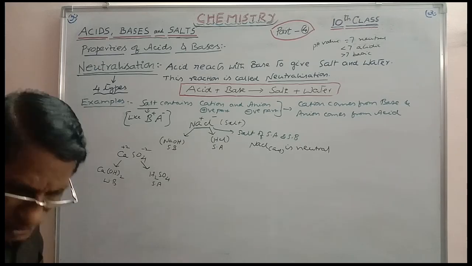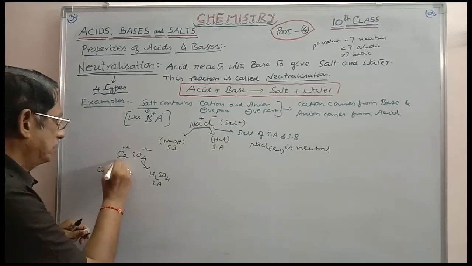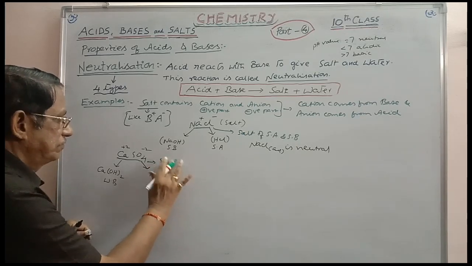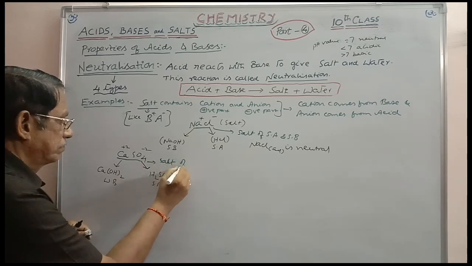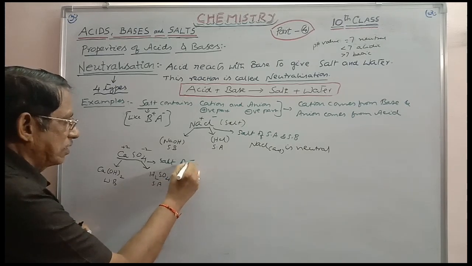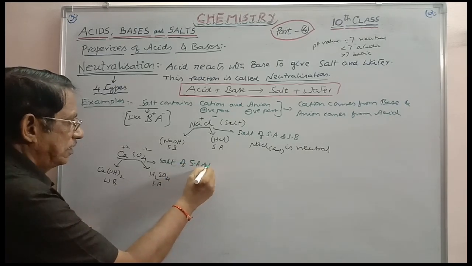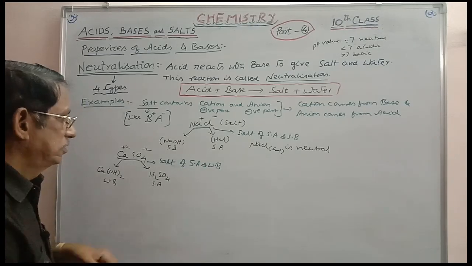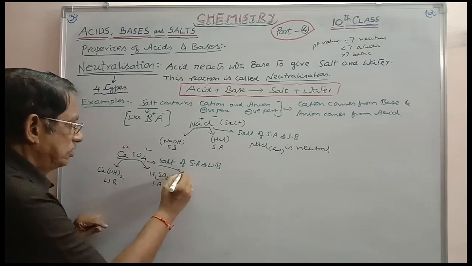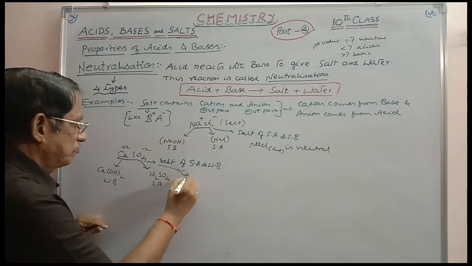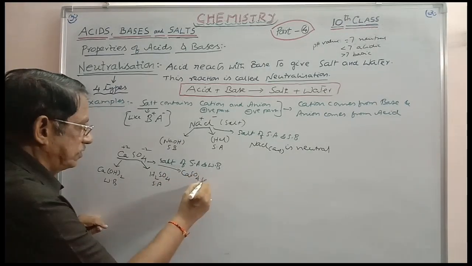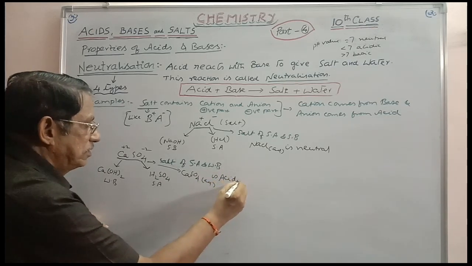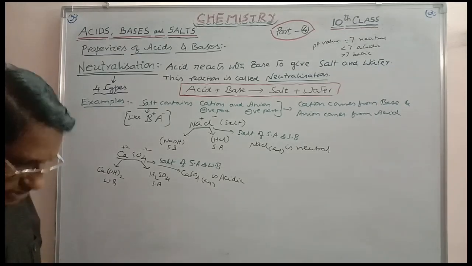So this is a salt of strong acid and weak base. So, what about its nature? As the acid is strong, CaSO4 aqueous solution is acidic. That means pH will be less than 7.